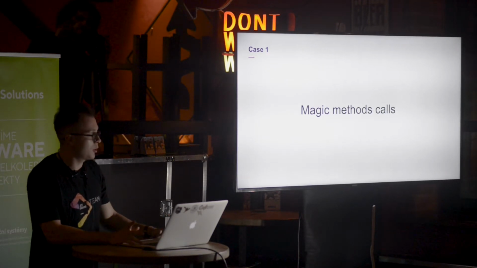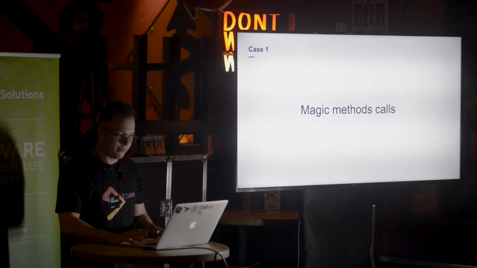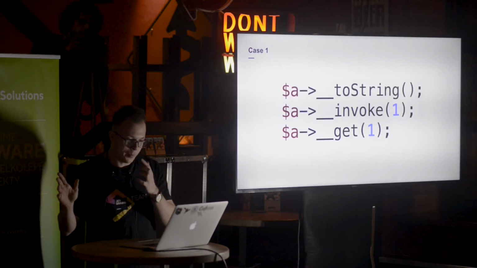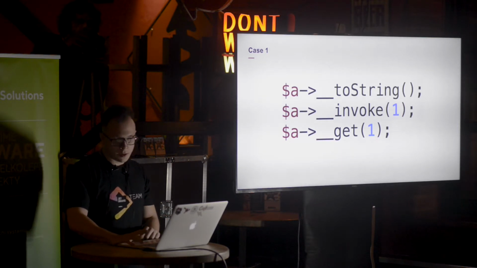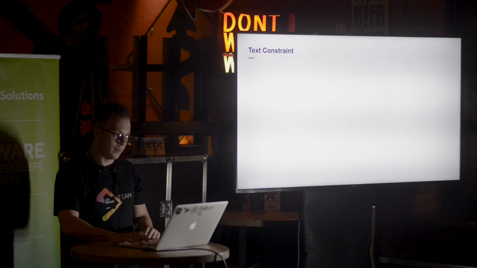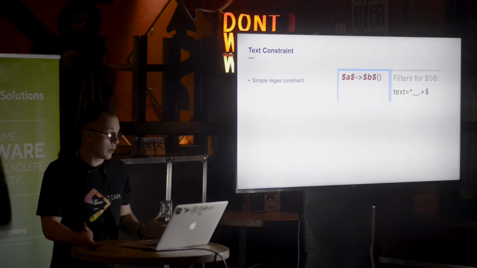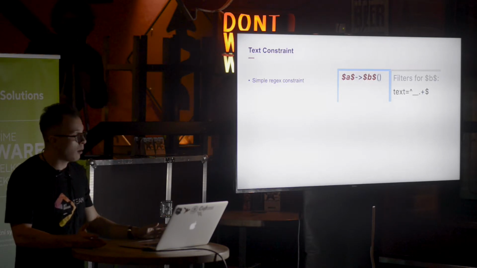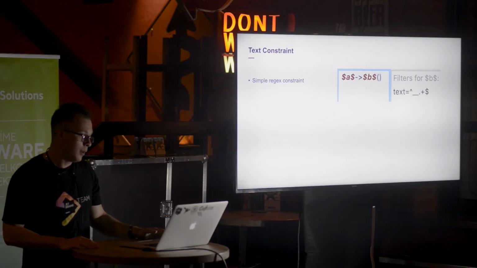Magic method calls. Imagine I want to find all magic method calls for some class, a method that starts with 2 underscores. To solve this, we can use something called a text constraint. A text constraint is basically a simple regular expression constraint, so we already have all the power of regular expressions right away as part of a constraint.